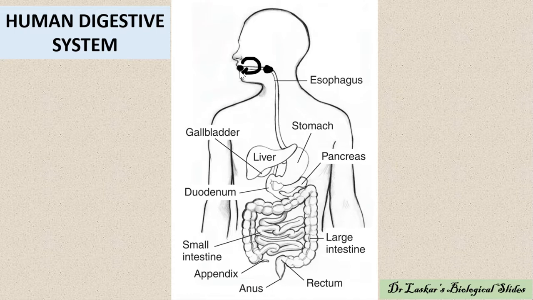First, the mouth. The mouth is a transverse slit bounded by two soft movable lips, the upper lip and the lower lip. The mouth leads into the vestibule.